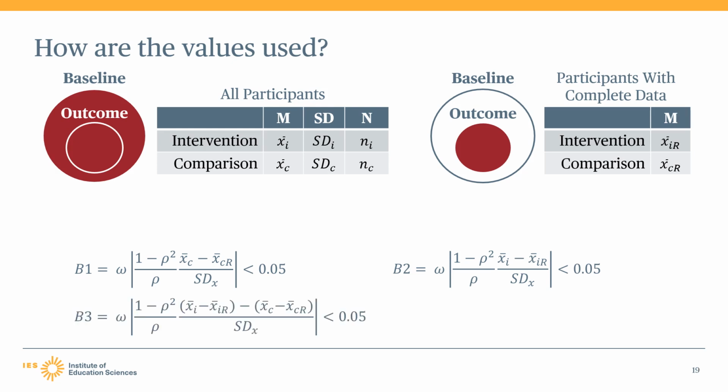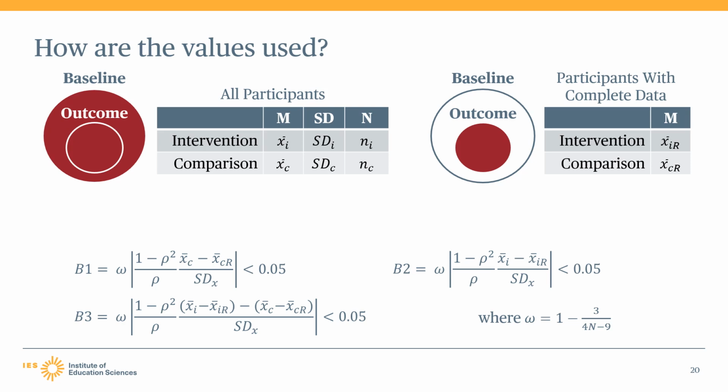And the third bound is an estimate of the possible bias in the impact estimate, or the difference between the intervention group outcome mean and the comparison group outcome mean. And as we have discussed elsewhere, omega is a bias correction term for small sample sizes.